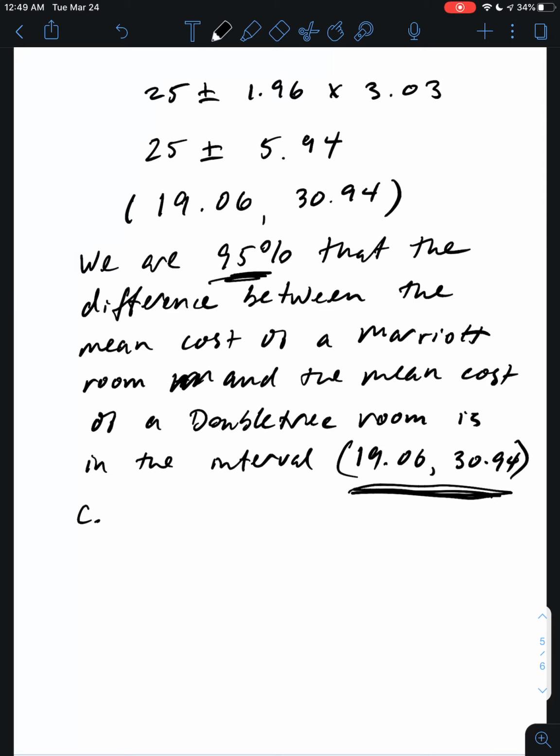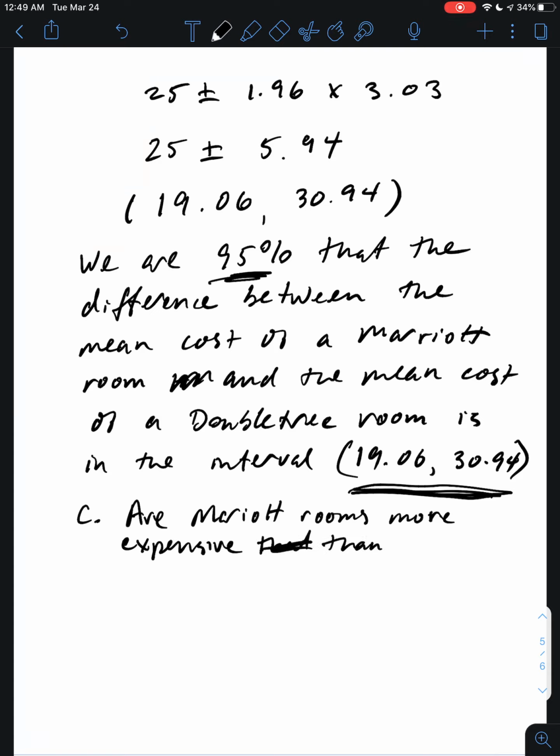So what I want to do in part C here is answer the question, are Marriott rooms more expensive than DoubleTree rooms?